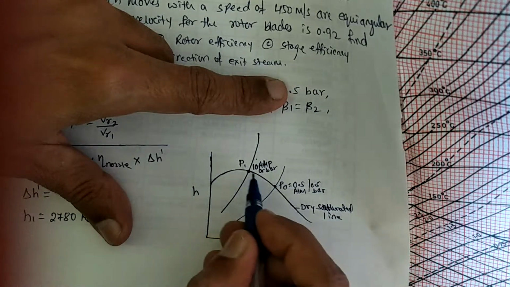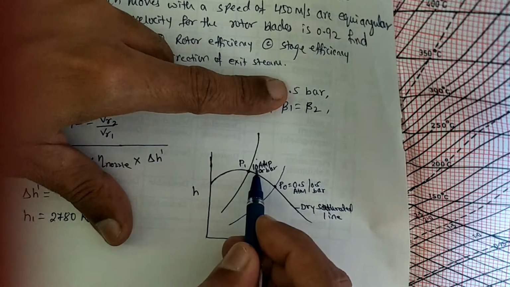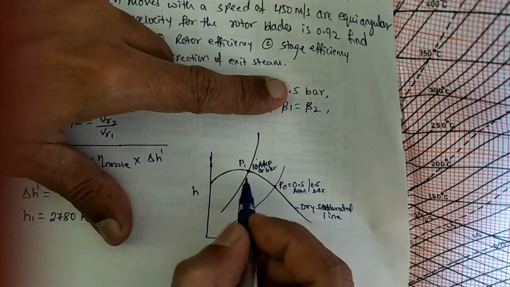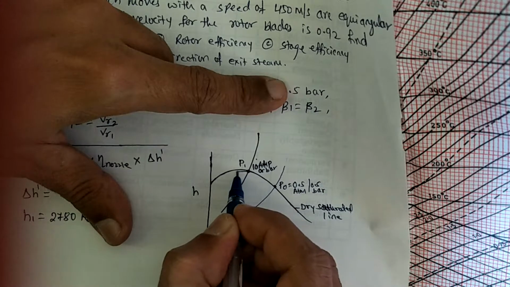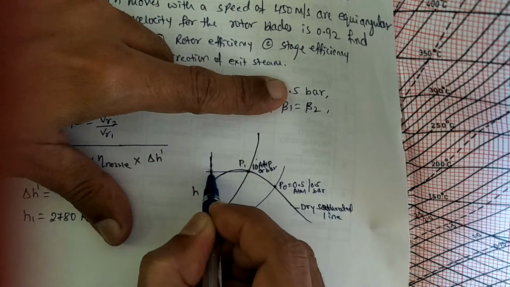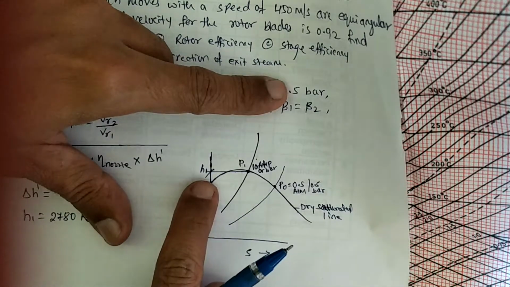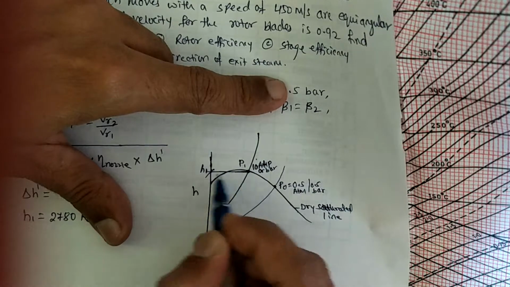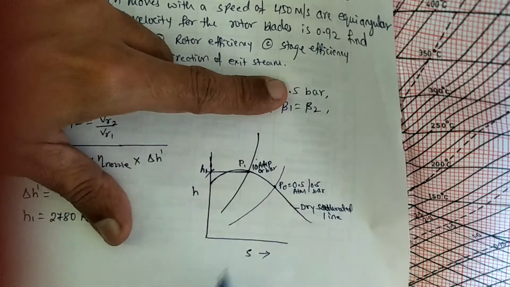So P1 is at 10 atmospheric pressure and P2 is at 0.5 atmospheric pressure. If you move towards the left side, this point will be H1, that is the enthalpy at 10 atmospheric pressure.